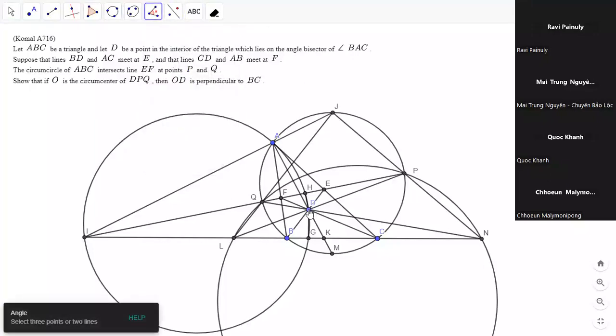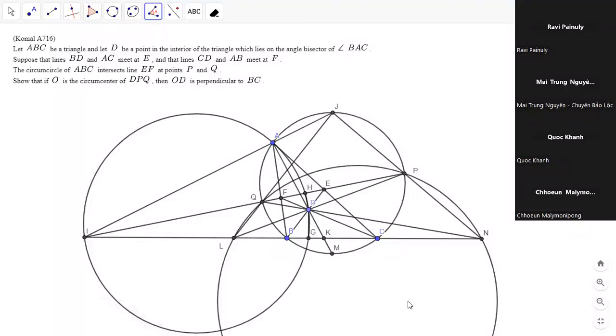It's equivalent to this being cyclic. If we can show LQPN is cyclic, basically we've solved the problem.